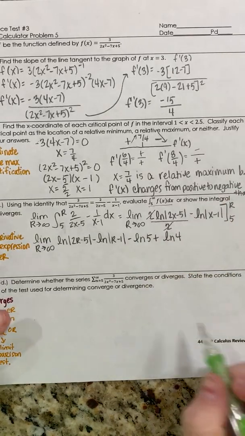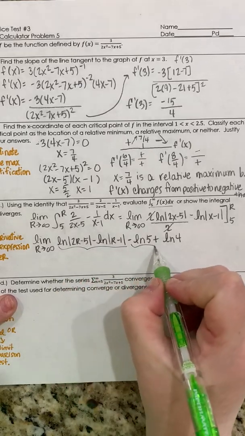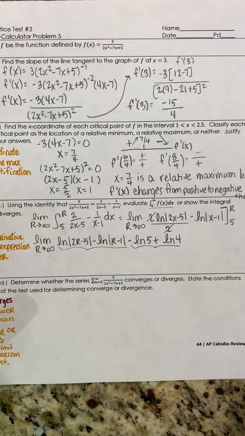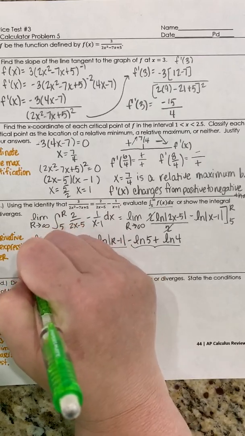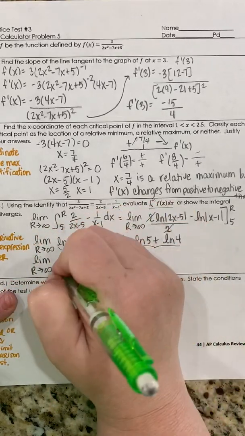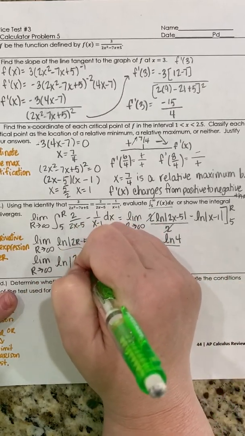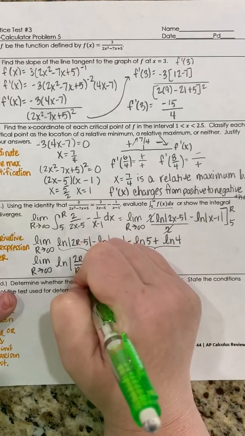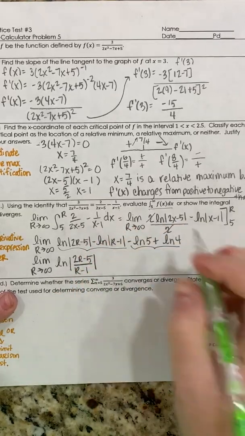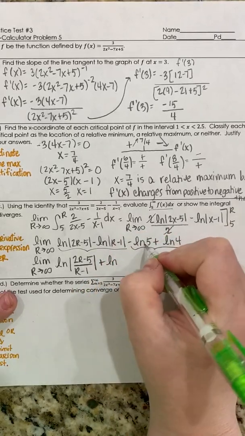Now, I'm going to go ahead and condense using my properties of ln. So this is going to be the limit as r approaches infinity of ln of (2r minus 5) over (r minus 1) plus ln of 4 over 5.